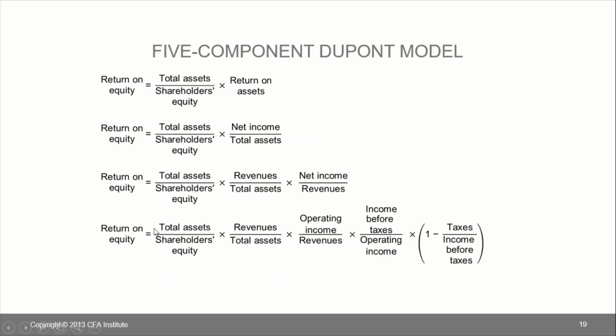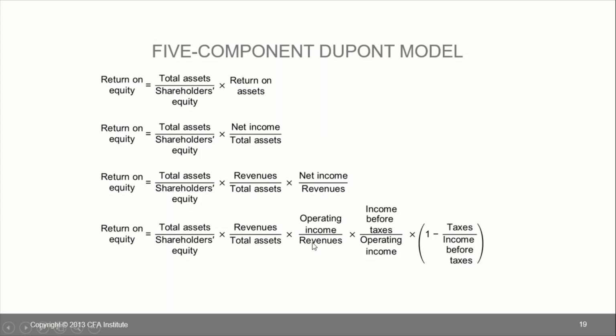Because this one, total assets over shareholders' equity, is your financial leverage ratio. Okay? How much of your total assets is financed by your shareholders? Okay? So this is your leverage. And then we have here revenue over total assets. This is the formula for return on assets. Okay?